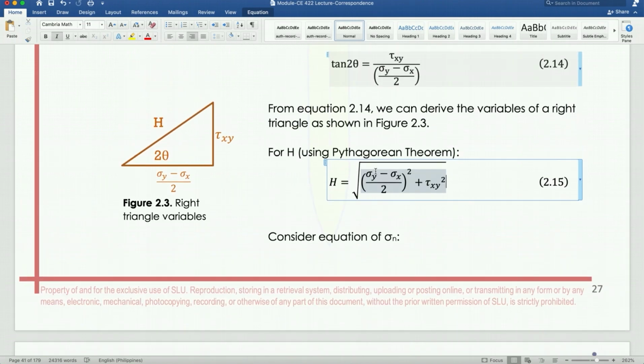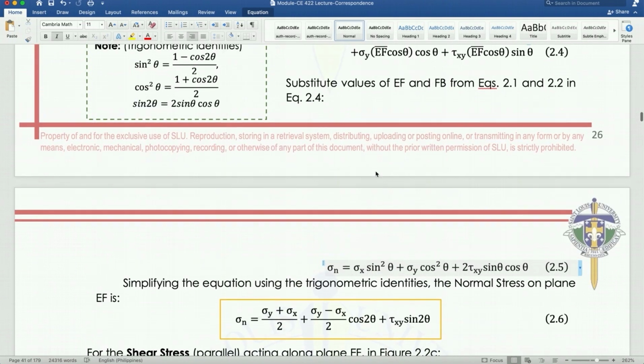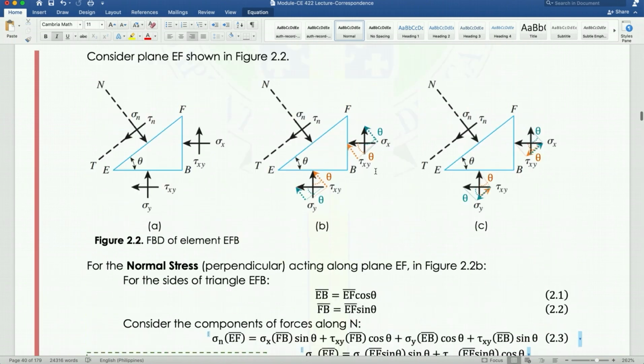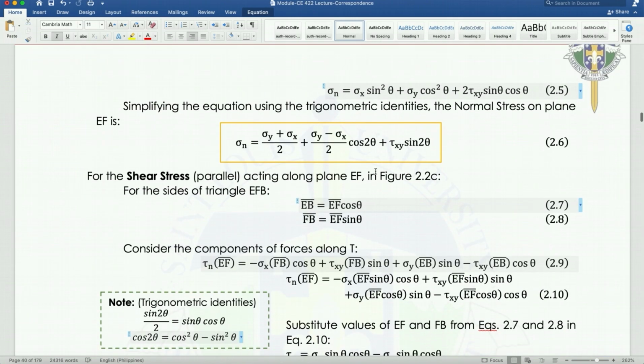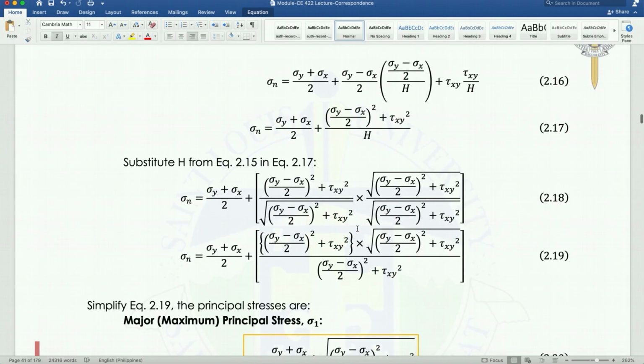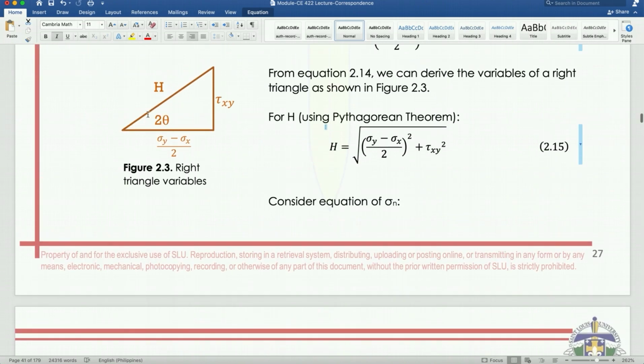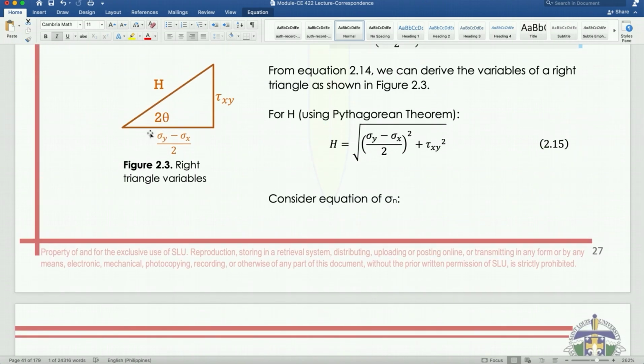So, yung cosine 2 theta natin dito, isa-substitute natin using our right triangle. Ayun. Cosine 2 theta. And even the sine 2 theta. So, cosine 2 theta is sigma y minus sigma x over 2 divided by h. Cosine function. So, cosine is equivalent to adjacent over hypotenuse. So, sigma y minus sigma x over 2 divided by h. So, this is a cosine function.